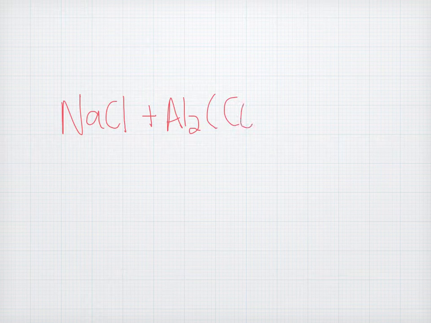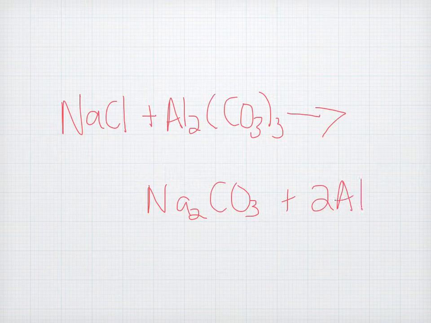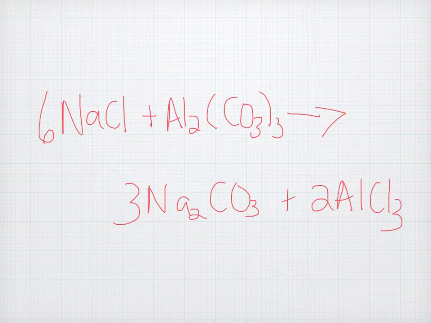I'm going to have NaCl plus Al2(CO3)3 gives me Na2CO3 plus 2AlCl3. So here I have my Na is going to take my CO3.